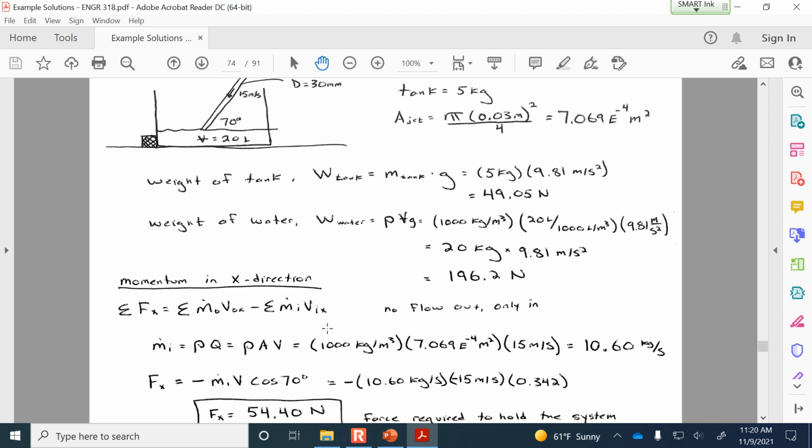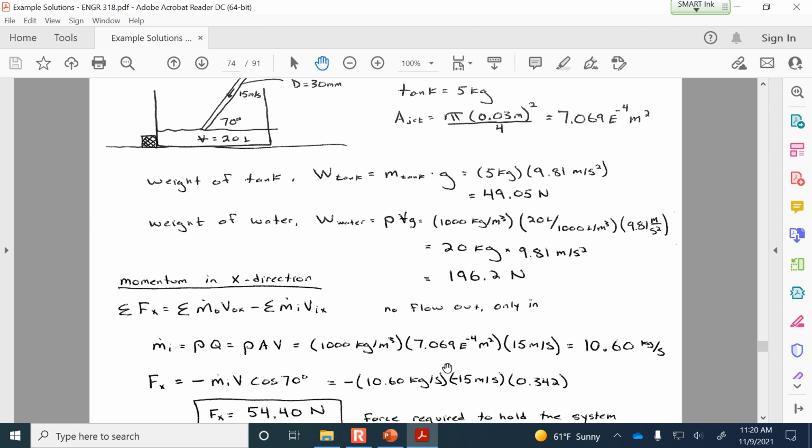Okay, so the fluid density is 1,000 kilograms per cubic meter, the area that was previously calculated, and then the velocity is 15 meters per second. And for the mass flow rate, remember, it doesn't have direction. So we don't put in the negative 15 meters per second because there's not anything like a negative mass flow rate. It's just 10.6 kilograms per second entering the control volume.